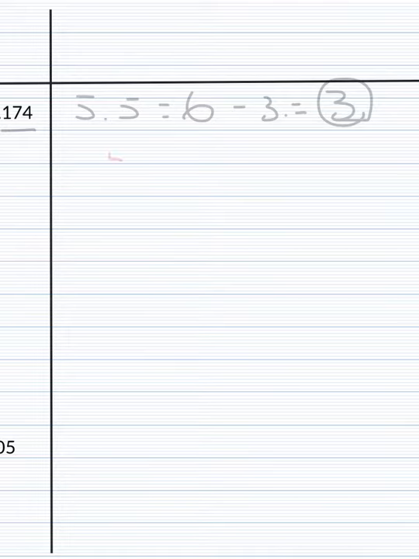Okay, so here we go. We have 5 and 508 thousandths minus, just like adding, we're going to line up the decimal points, 3 and 174 thousandths.